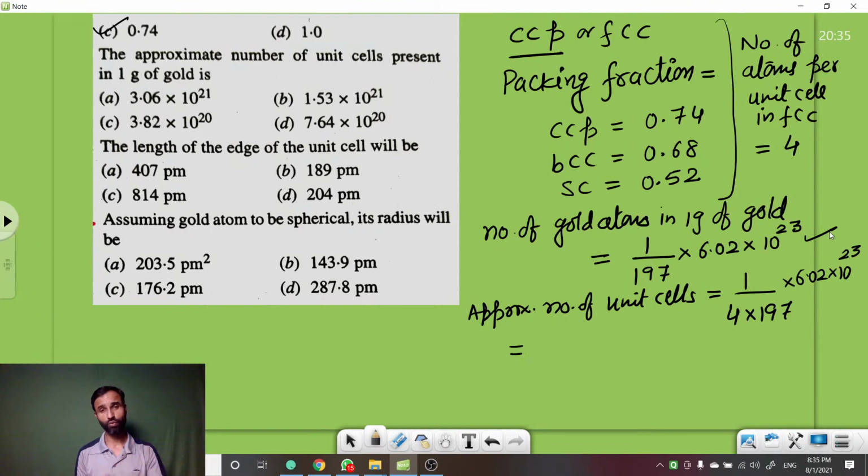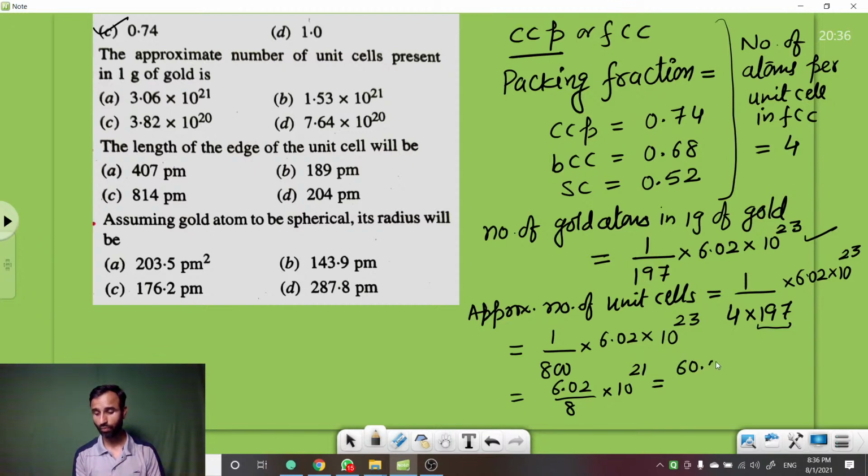To make the calculation simpler, we take 197 as 200. So it becomes 1 upon 800 into 6.02 into 10 raised to power 23. That becomes 6.02 over 8 into 10 raised to power 21, or you can write it as 60.2 over 8 into 10 raised to power 20.